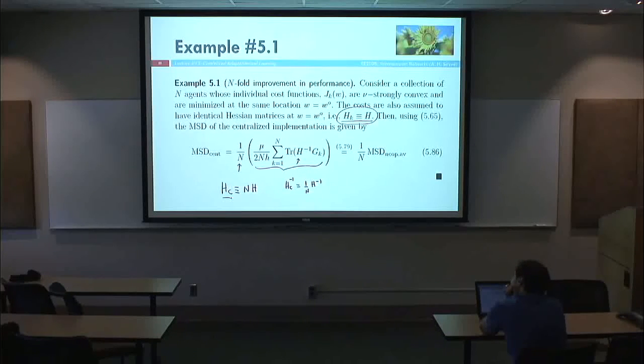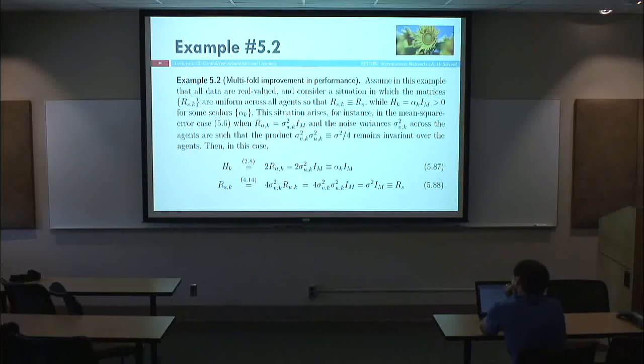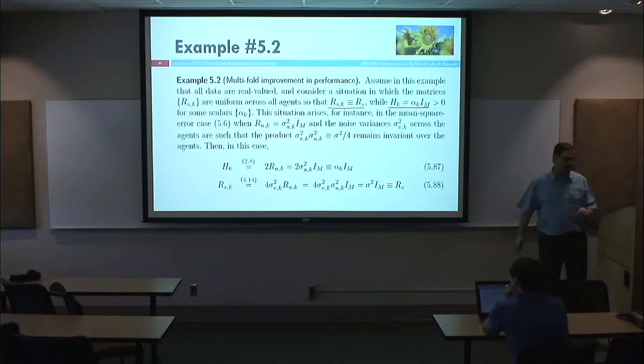So let's look at another example. In this case, I'm assuming that the Hessian matrices are not the same, but multiples of the identity. These are just examples to show you a different point of view. And I'm assuming that the noise covariances are uniform.